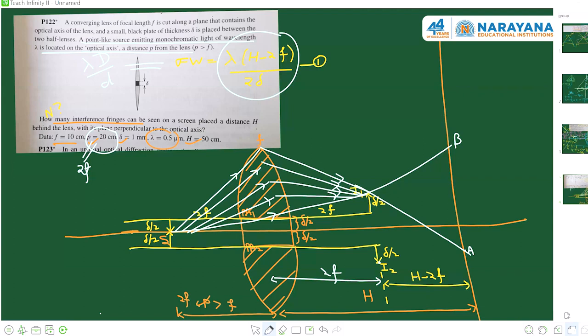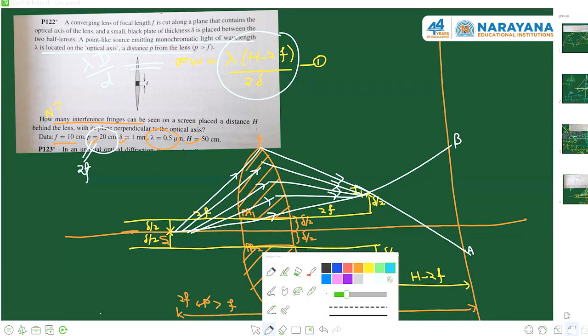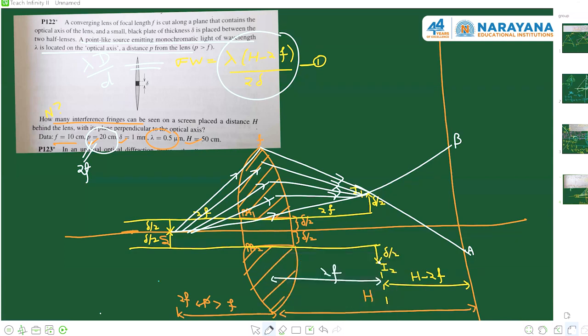So this segment of the screen is exposed by the waves which are coming from one of the point sources, one of the lenses. And symmetrically, I'll find out those rays which will reach the other point. And then I will try to find out that common segment.